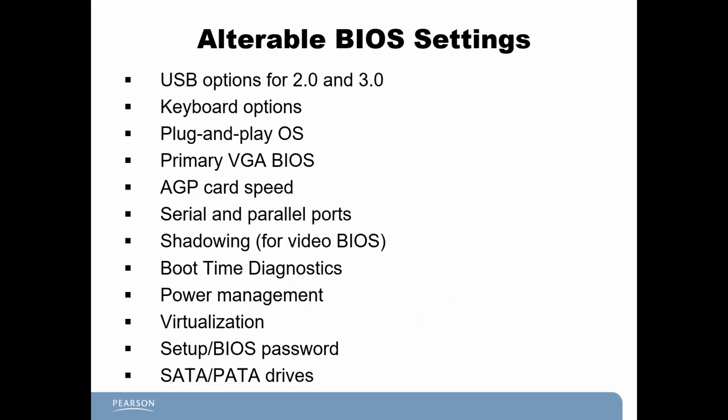Moreover, we can alter the BIOS in terms of USB options for 2.0 and 3.0, keyboard options, plug and play operating systems, primary VGA BIOS, AGP card speed, serial and parallel ports again, shadowing for video BIOS, boot time diagnostics, power management, virtualization, BIOS password, or SATA or PATA drives.